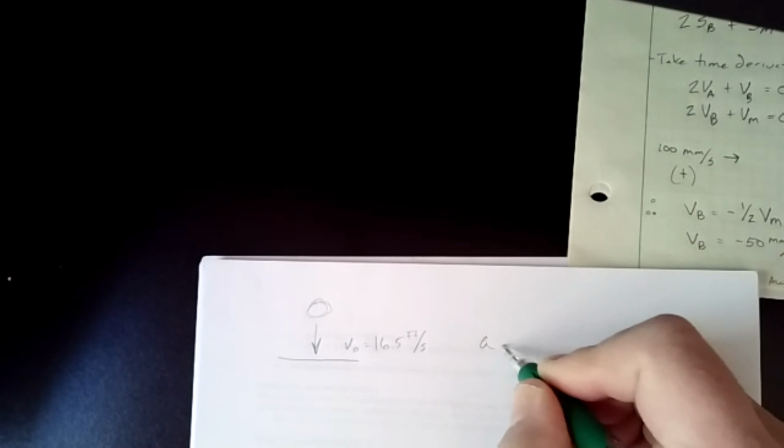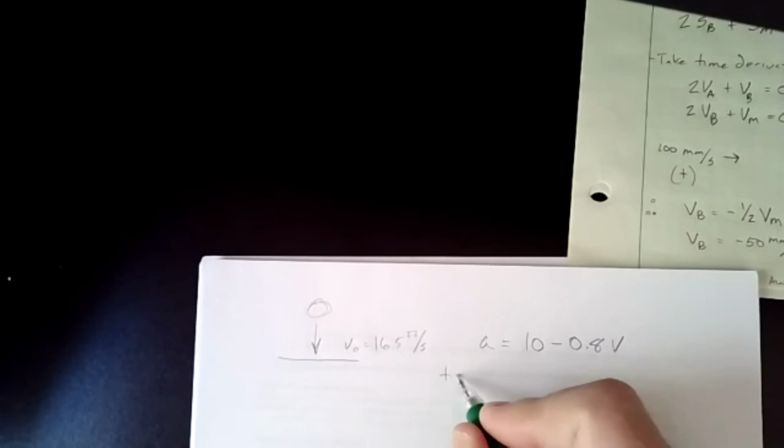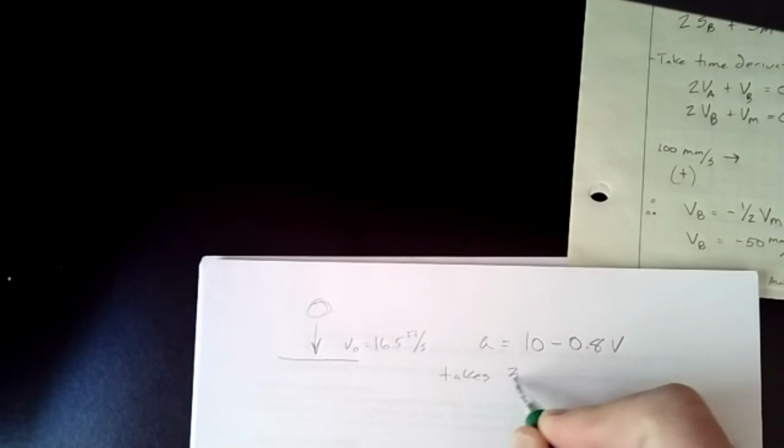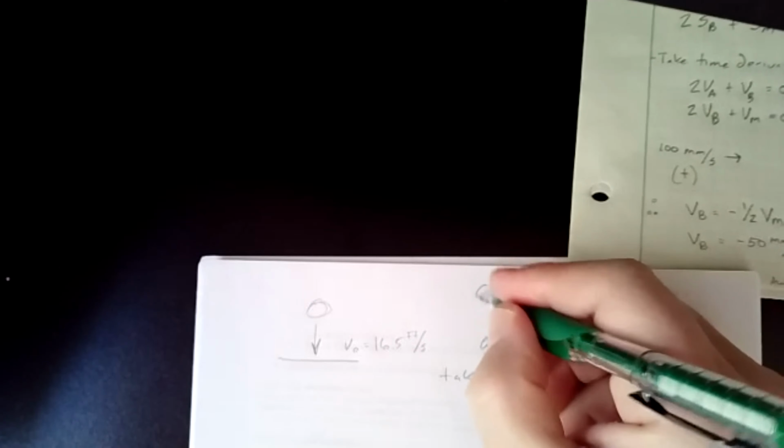After it hits the water, it has an acceleration of 10 minus 0.8 times velocity. Then we're told that it takes 3 seconds to hit bottom. So this is all our given right here: V initial, that, and that.